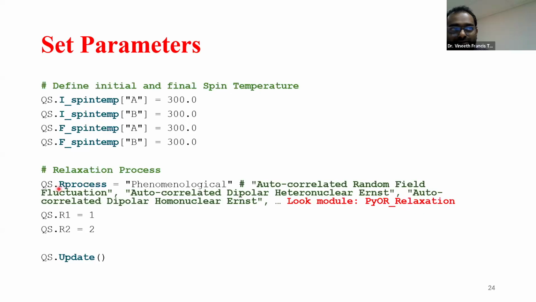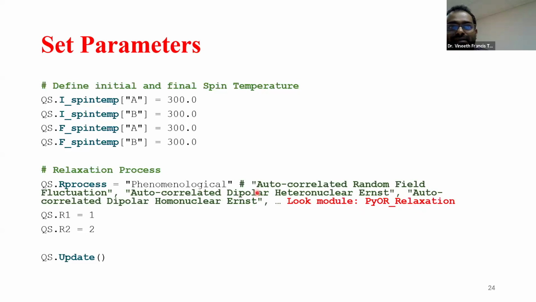Now you can choose the relaxation process. Here I'm choosing phenomenological relaxation. Random field fluctuation, dipolar, homonuclear, and heteronuclear are also implemented. To see the possible values for this relaxation process, you can look into the PyOR relaxation module.